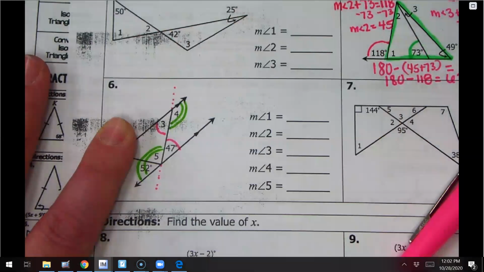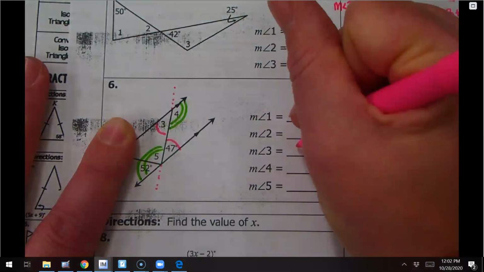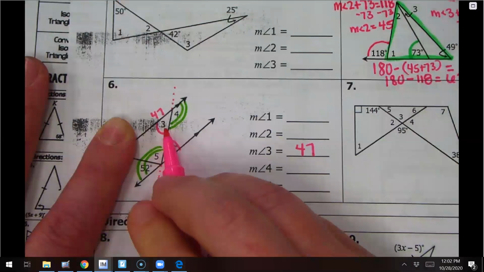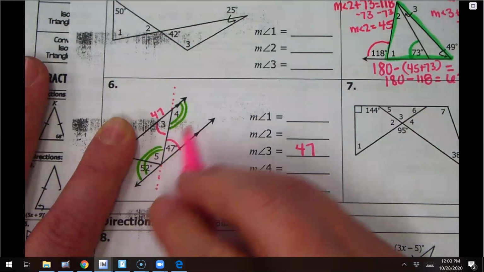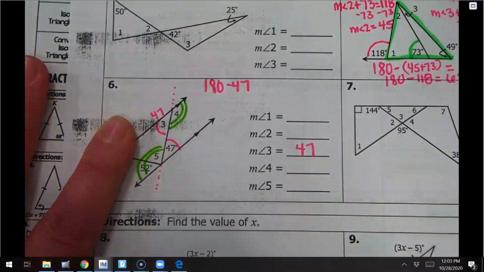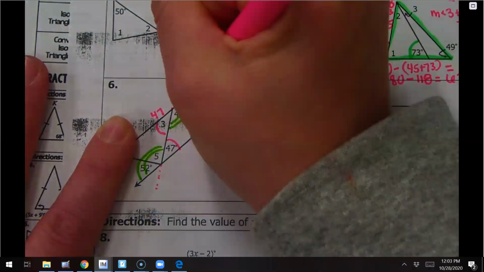So knowing that, what does 3 have to be? 47. Now, if that's 47, then 4 and 3 are a linear pair. What's their total going to be together? So I'm going to do 180 minus 47, which is 133. So this is 133.